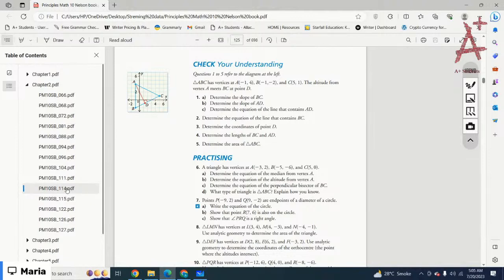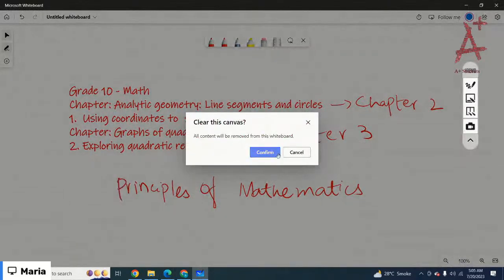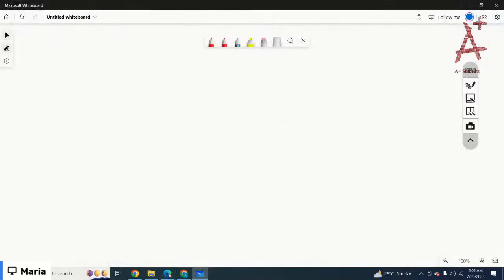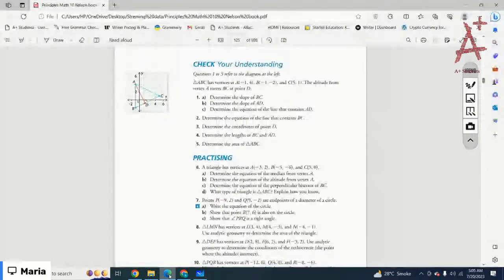Okay, the point B is (-1, -2) and C is (5, 1). Hold on, let me just write down the points. B is (-1, -2), then C is 5 and 1.